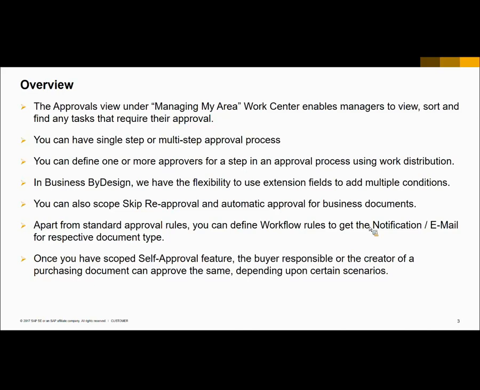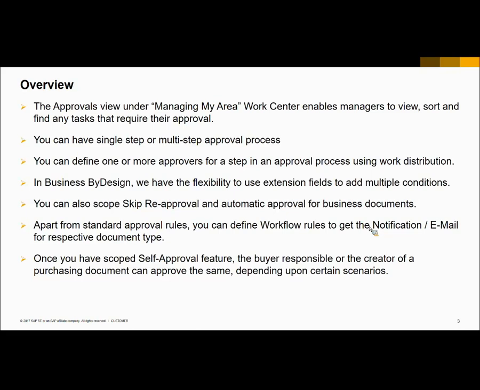Additional flexibility we provided is to use extension fields. A few of the customers and partners would like to use extension fields and they want to use them as conditions in the approval process. So this is where we provided this functionality so that they can use specific extension fields in the business document approval process.